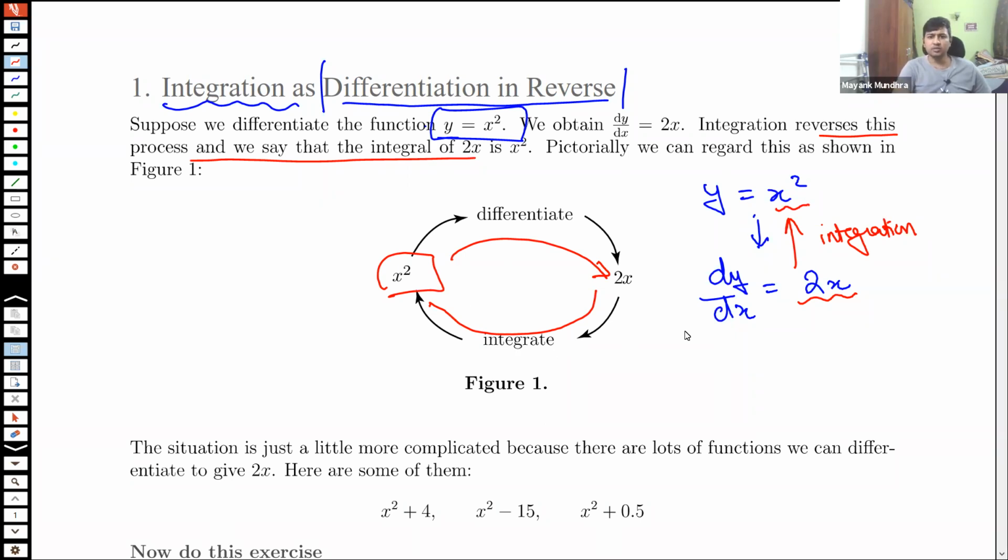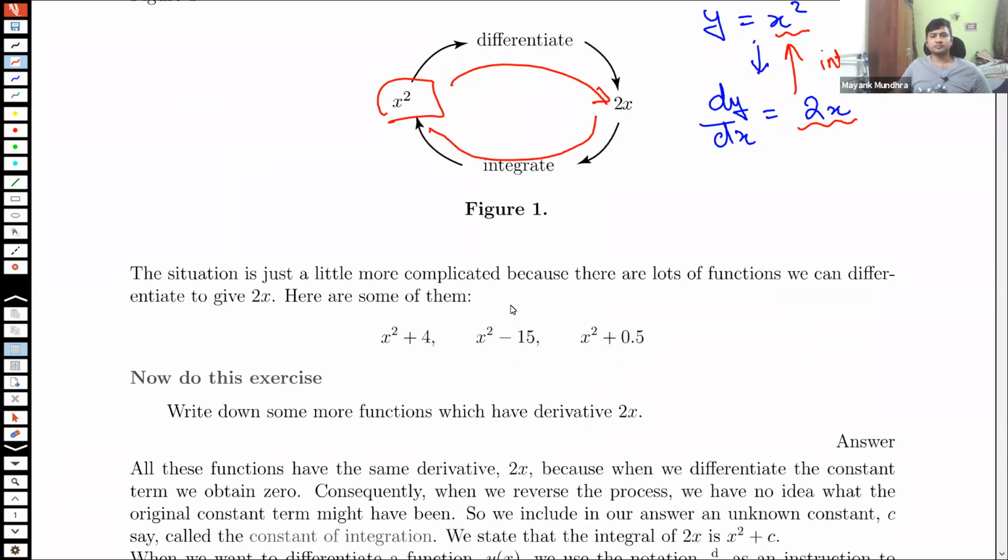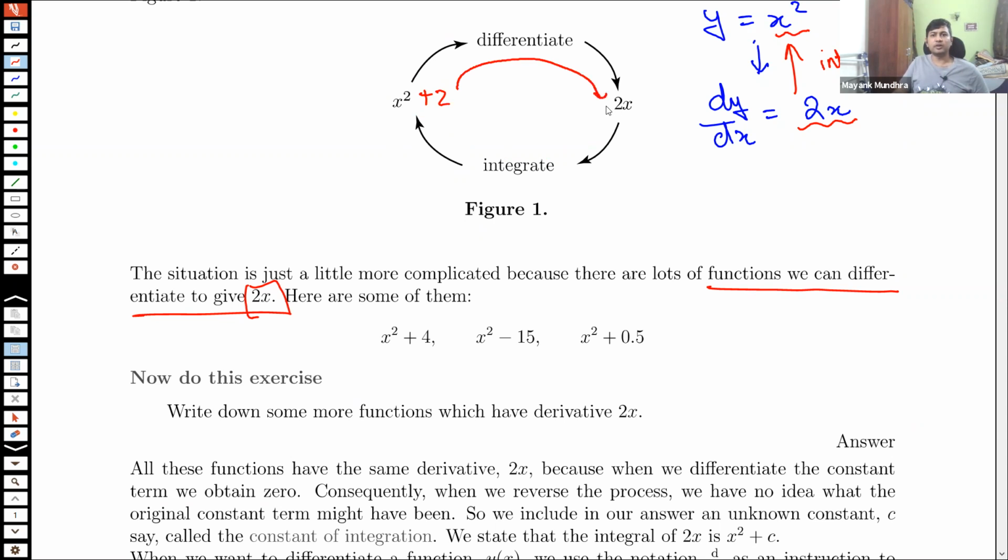But it's a little more complicated because there are lots of functions we can differentiate to give 2x. It's not that I always get back the same function. For example, if my original function were x square plus 2, then by differentiating, I will get 2x.